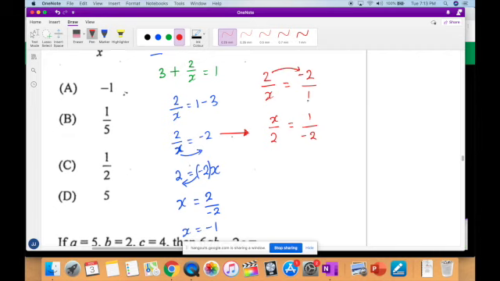You could literally just look at this and tell the answer, because 2 cannot be equal to negative 2. So that means that this negative sign probably had to be on the 1 instead, because that negative sign will make the whole thing negative, right? So you could tell there that if 2 is equal to 2, then x would have to be equal to negative 1 in order to make it negative.